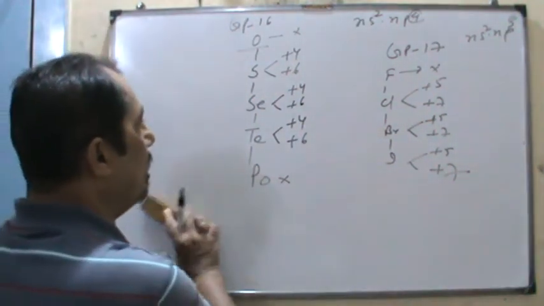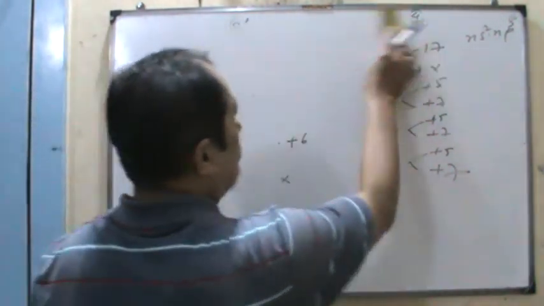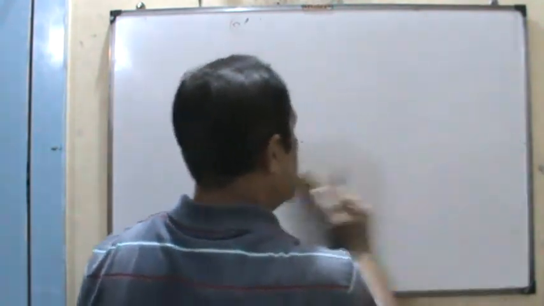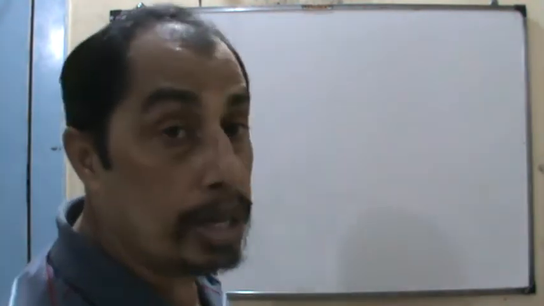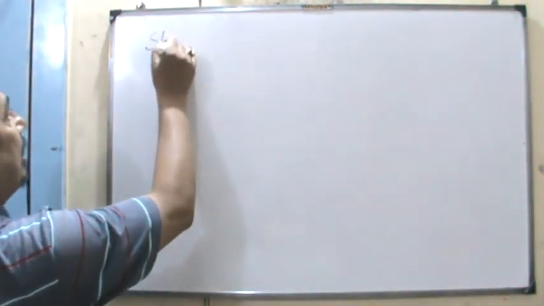So obviously ionization energy depends upon symmetry, stability and size: as size goes up, ionization energy goes down. But exactly half filled, fully filled and inert gases have very high ionization energy irrespective of their greater size. And then the penetration effect, and last is the shielding effect.